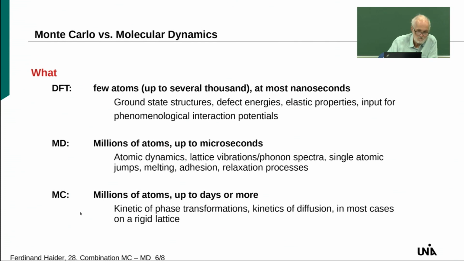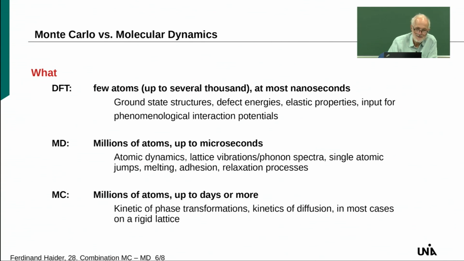So we have a hierarchy of different models, and each has its pros and cons. Each is appropriate only for a certain choice of questions. But if you combine them, you get into what we call multiscale modeling, slowly upcoming.